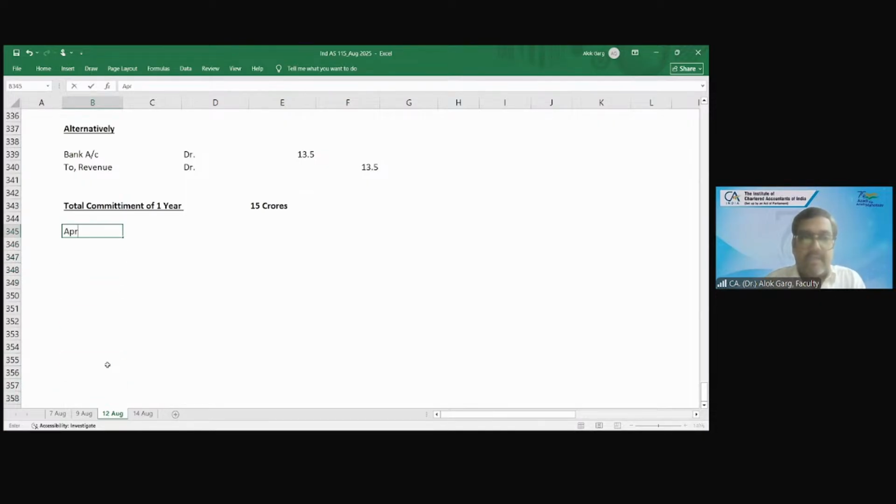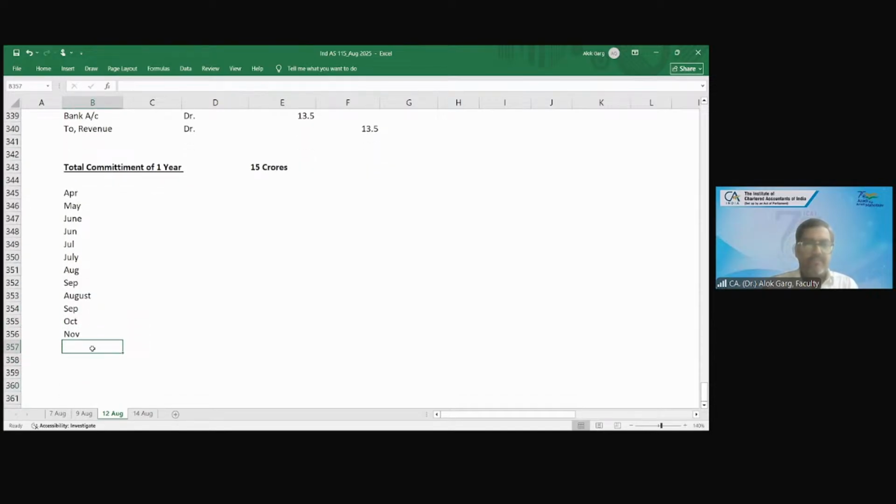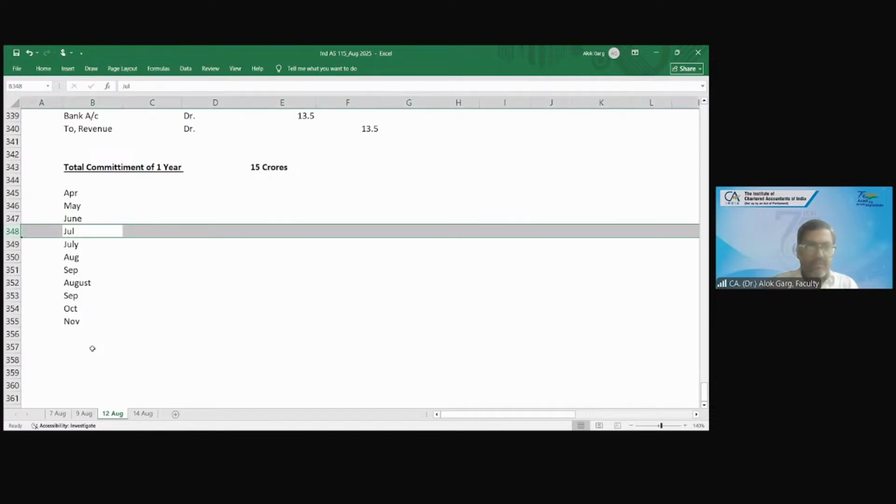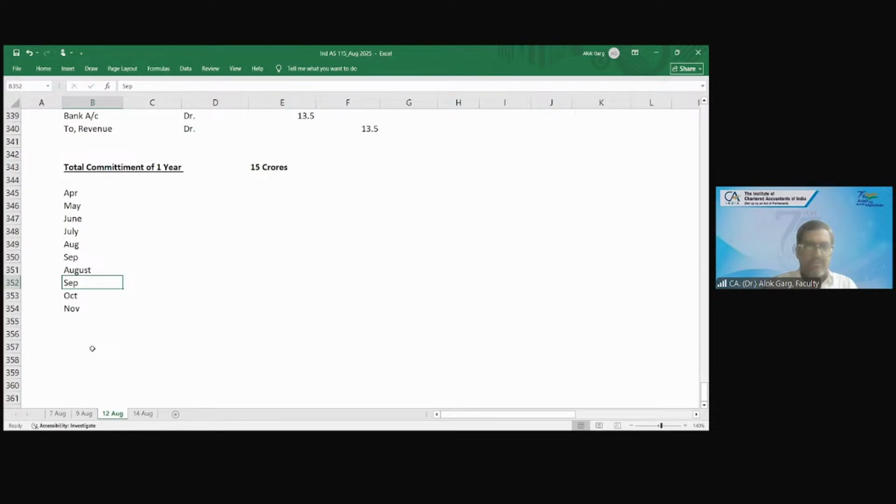April, May, June, July, August, September, October, November, December, January, February, March. If 15 crore is the commitment, what is the sales value?